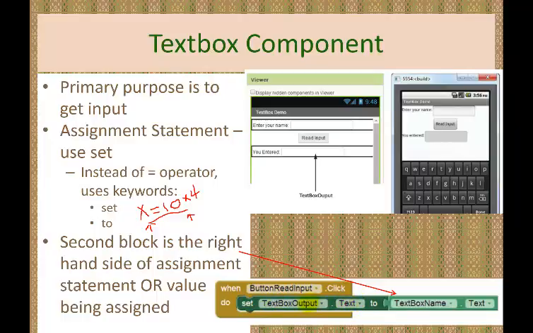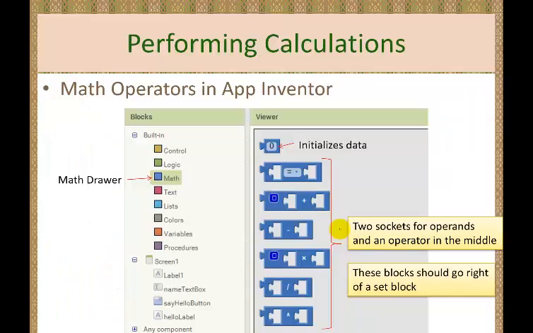The text property of text box output will store the value of the text property of text box name. So if someone keyed in A and clicked on that button, this assignment statement will execute and A will display here. Pretty simple program.